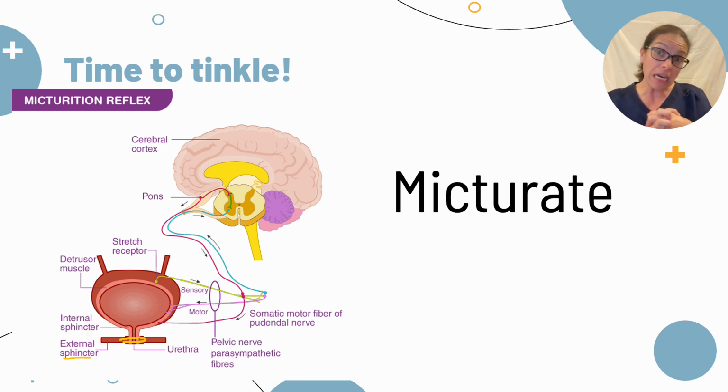So as you micturate, your bladder is going to empty, and then when it gets emptied, your brain's like, okay, that's enough, and it closes off that sphincter to allow you to then refill that bladder again. Pretty cool. Now, this process of controlling that sphincter is a learnt behavior.